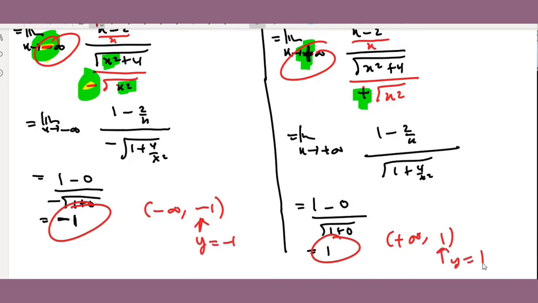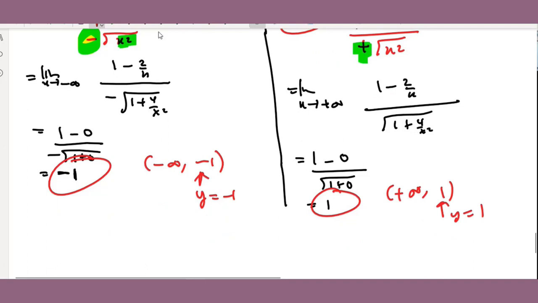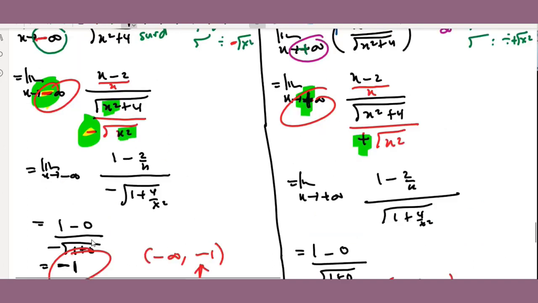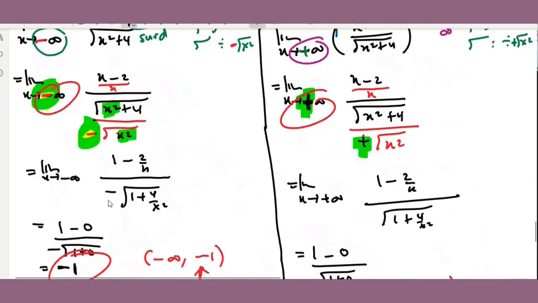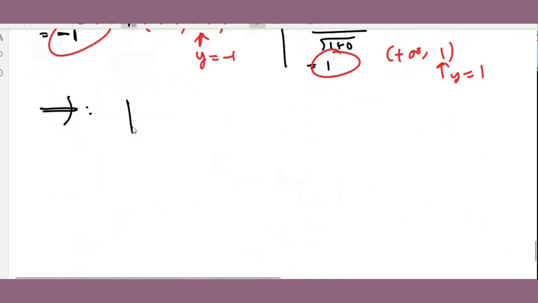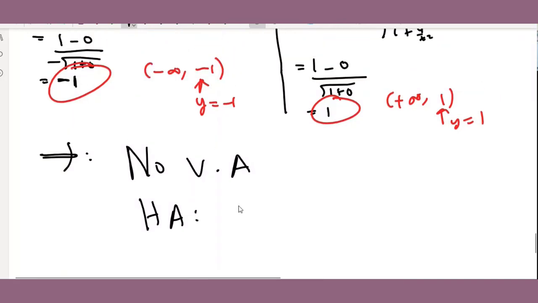Therefore, the conclusion for this function: no vertical asymptote. Horizontal asymptotes at y equal to -1 and y equal to 1.